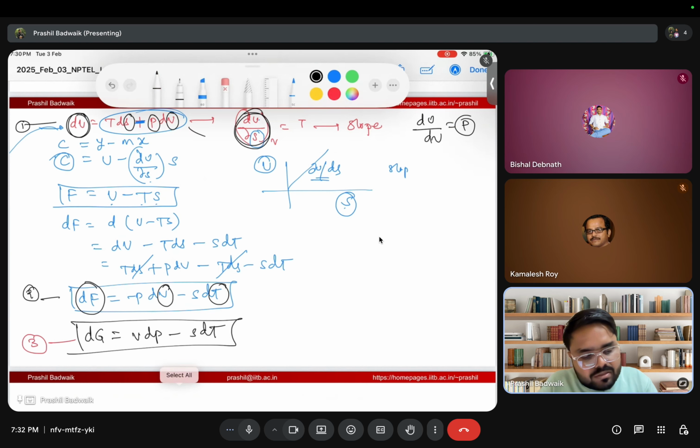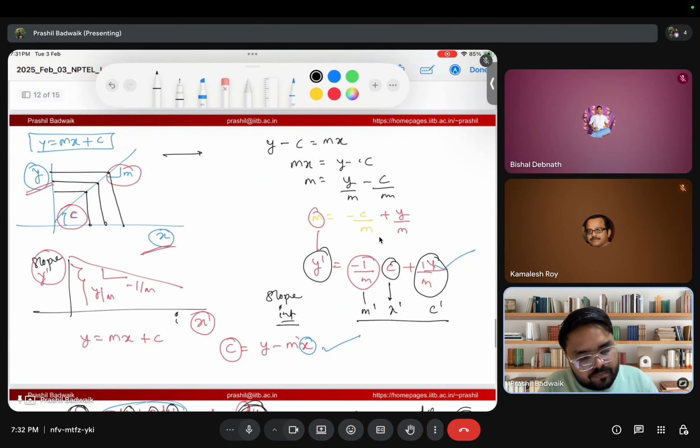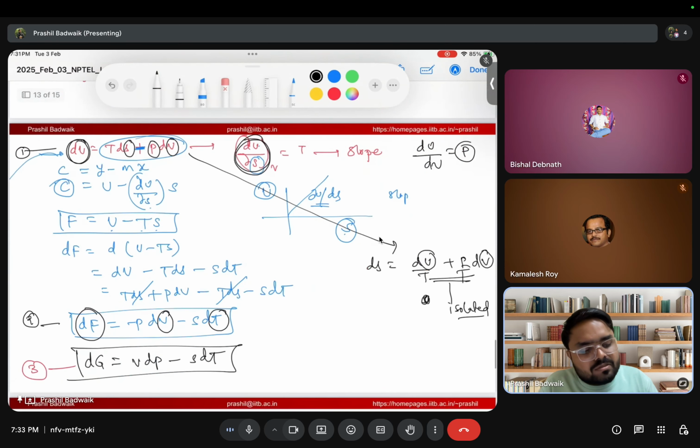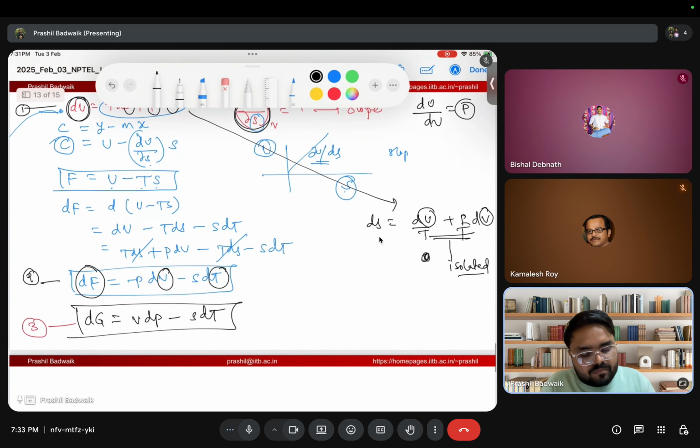I can write this again as ds is equal to du by t, plus p by t dv. That means if I have energy as a controlled variable and volume as a controlled variable, which is my isolated system, that's what we had looked at here. So for that isolated system, entropy will give you whether the process is possible or not, right?